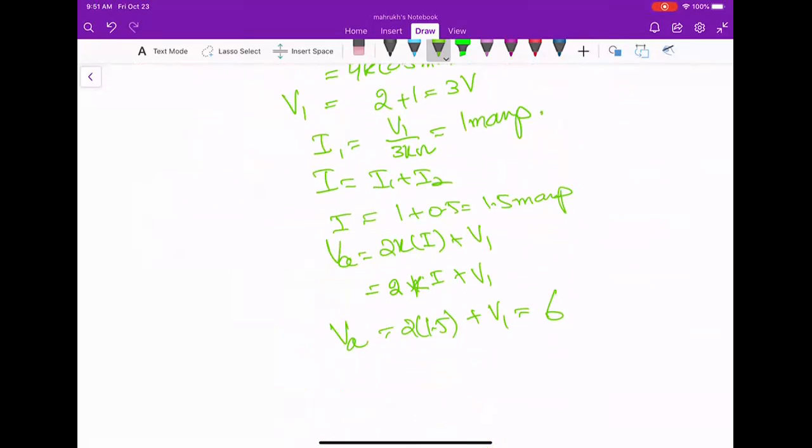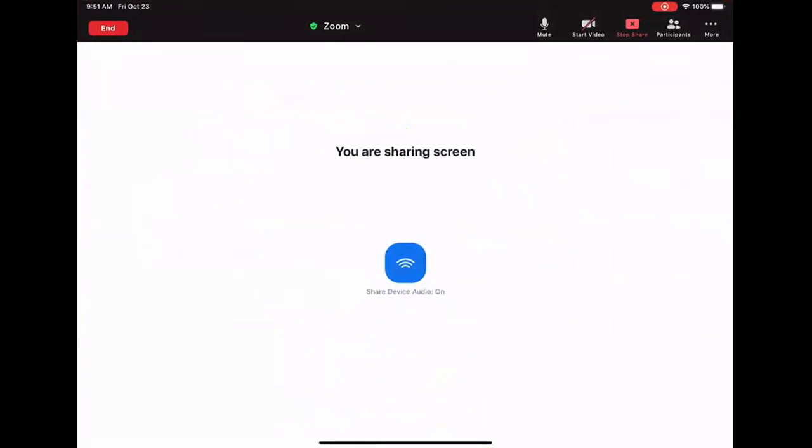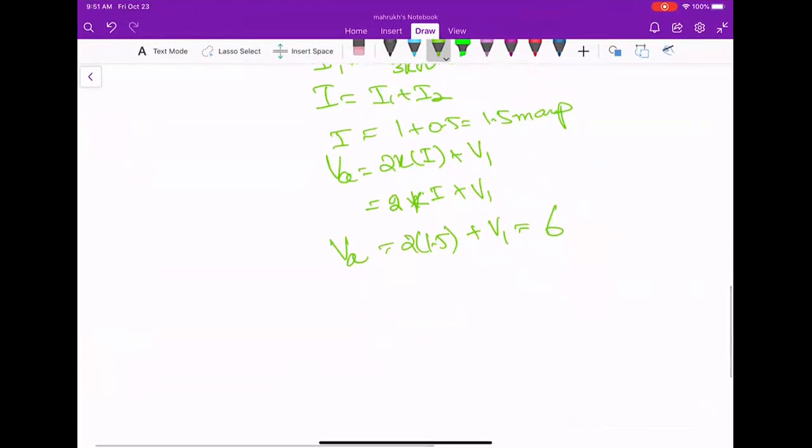Yeah, that makes sense. So it means that in linear circuits, in linear equations, we can scale them.